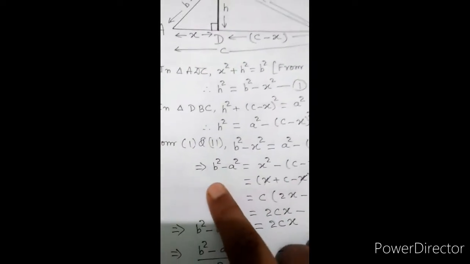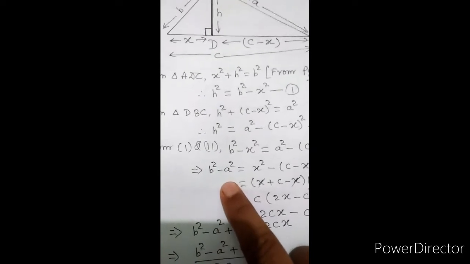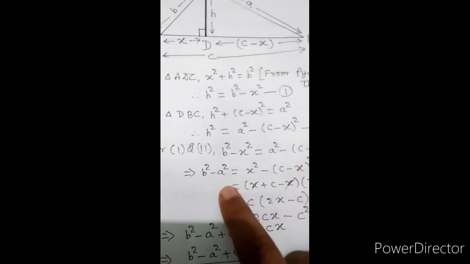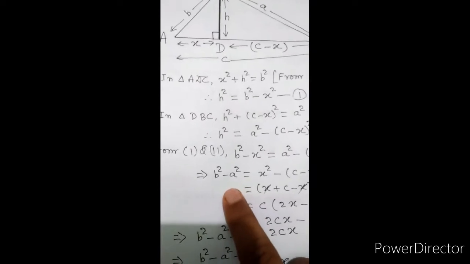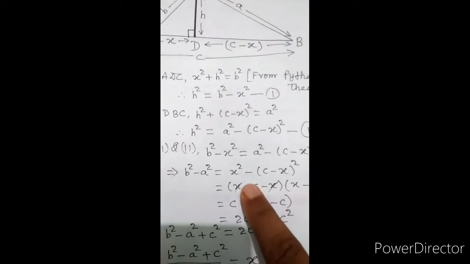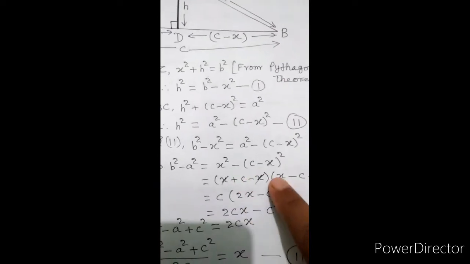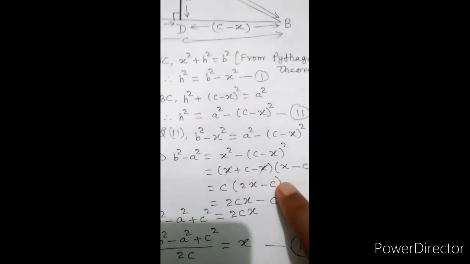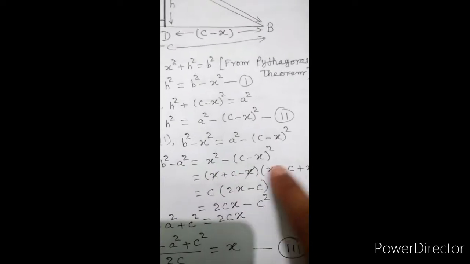In this way, we have b square minus a square. This a square is brought to the left side and this minus x square is brought to the right side. Then we have x square minus (c minus x) whole square. Now this is a square minus b square.